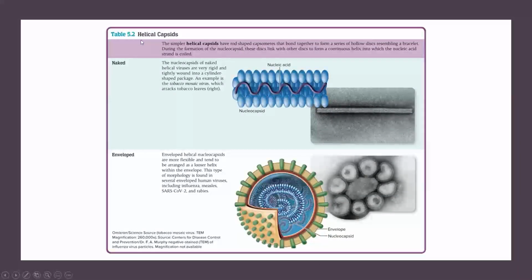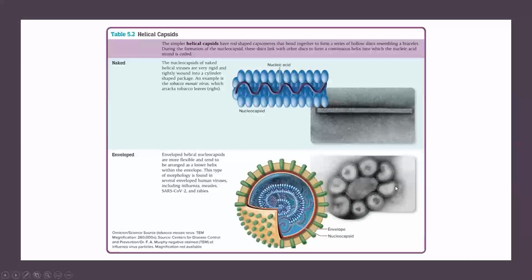First, we have our helical capsids. Those are the simpler of the two types of structures. Helical capsids are made of rod-shaped capsomeres. So again, we have these rod-shaped capsomeres in blue. All together, they form the capsid around the nucleic acid in purple, kind of squiggling through.